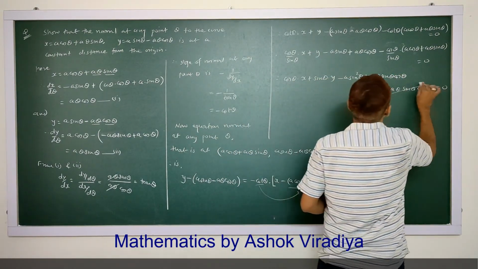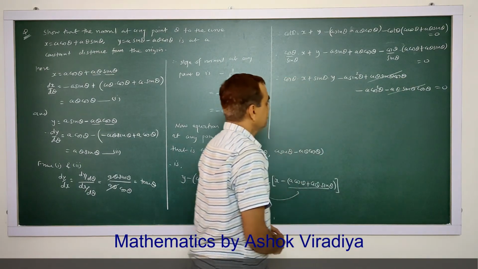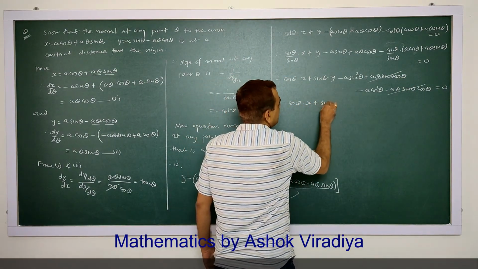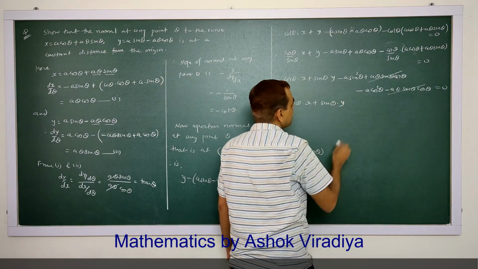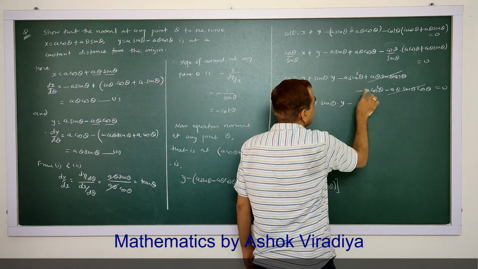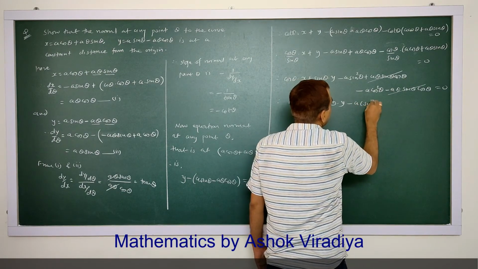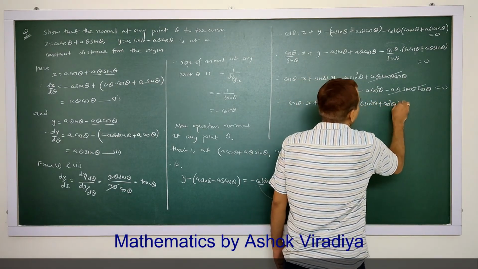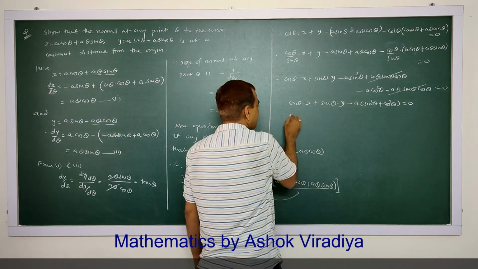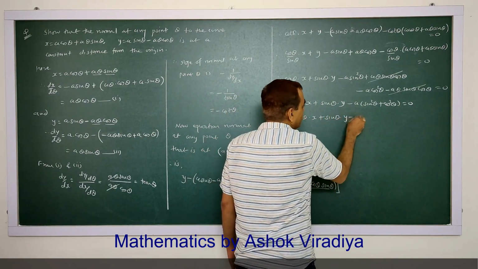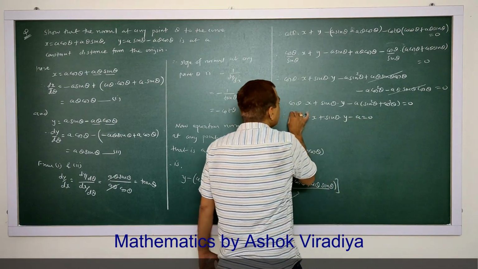So this will be cancelled. So the simple form is cos theta into x plus sin theta into y minus a sin square theta minus a cos square theta, that is minus a common sin square theta plus cos square theta equal to 0. Therefore cos theta into x plus sin theta into y minus a is 0.